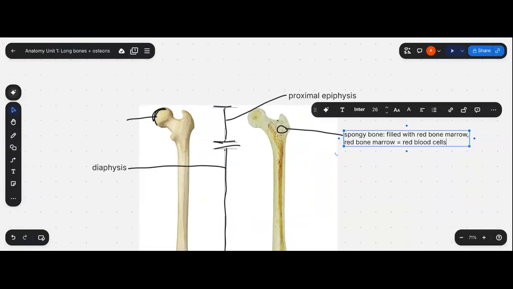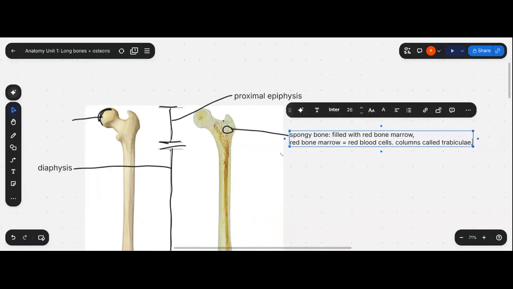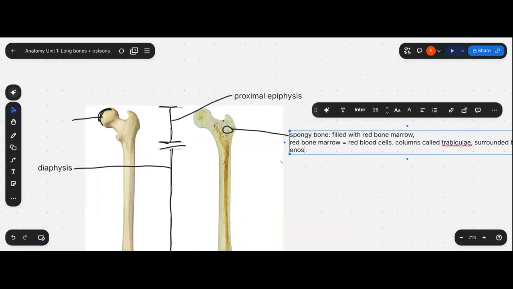And spongy bone itself is basically going to have lots of columns that are called trabeculae. And the trabeculae is then surrounded by endosteum.